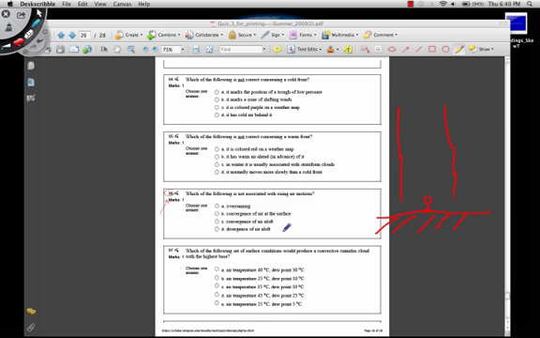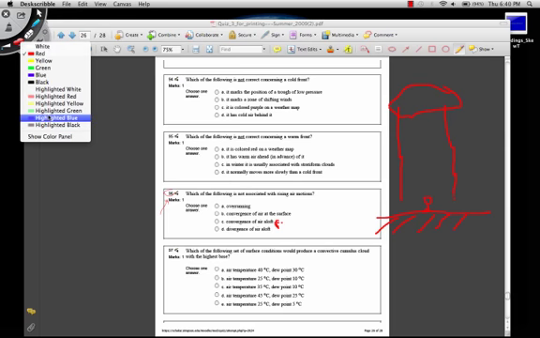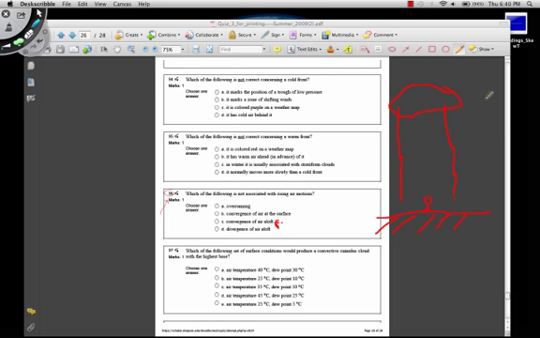So when we talk about convergence of air aloft, we're talking about at the top of this column of air. If I have air converging like this and like this, representing air coming in from the left and right, when they collide at the top of this column, they will begin to move downward.